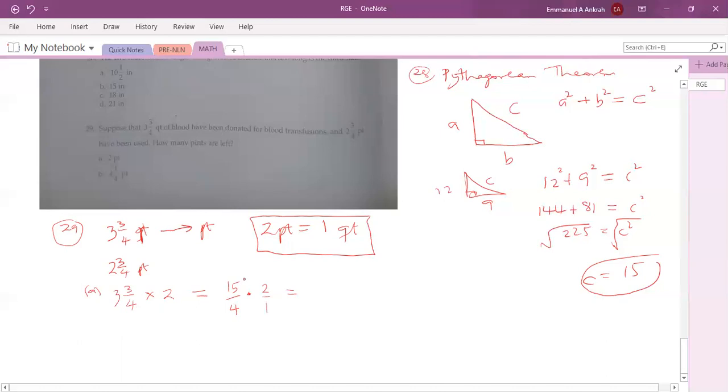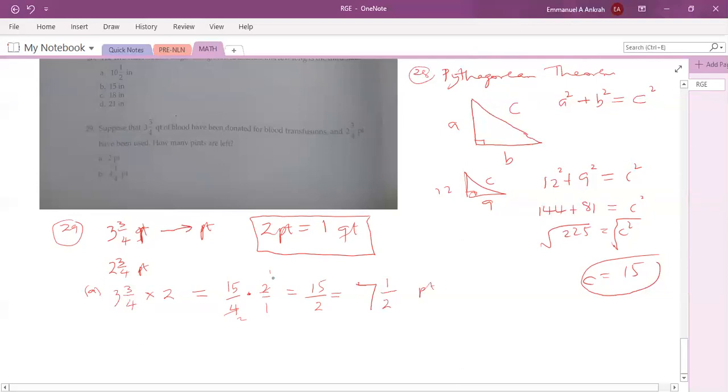This gives 15/2, which is 7 whole and 1 out of 2, so 7.5 pints. That's what you have.